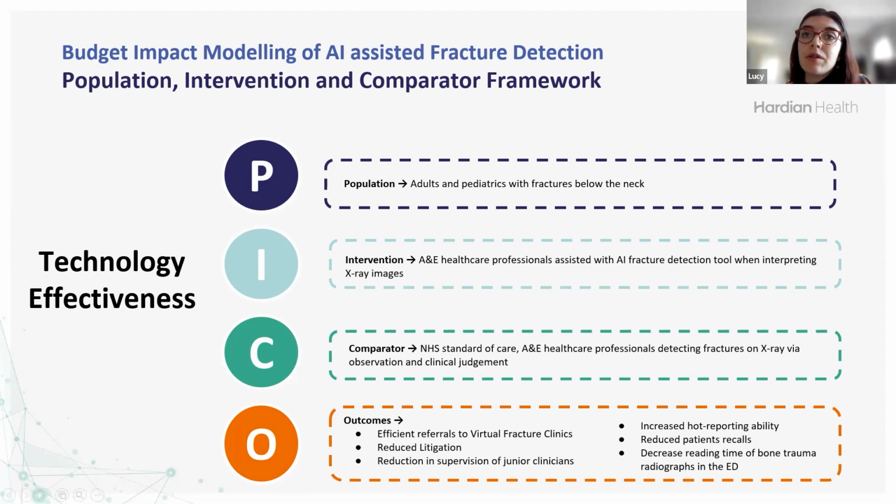And so we essentially took this PICO framework, spoke to our internal clinical team, conducted some evidence review, and also tested this framework with key opinion leaders or clinical experts to get their feedback on where they thought the technology is going to be best placed and generate the most likely value.